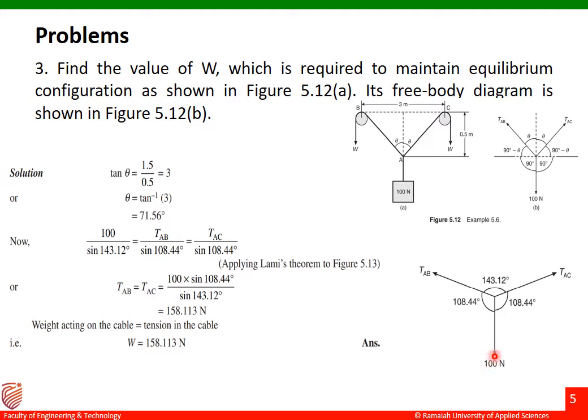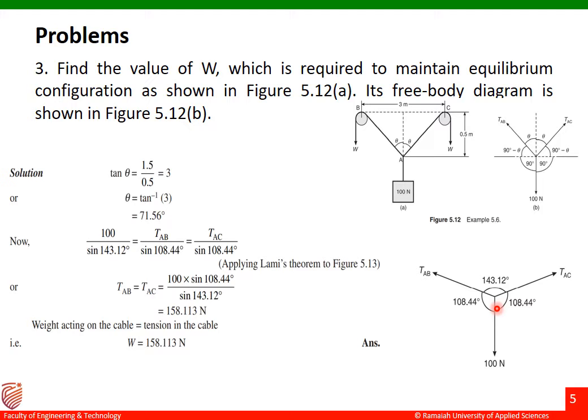So 100 divided by sine 143.12 degrees is equal to TAB divided by sine 108.44 degrees, equal to TAC divided by sine 108.44 degrees. This is the equation for Lami's theorem.